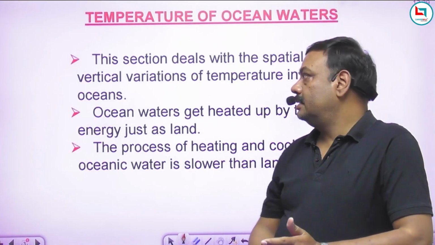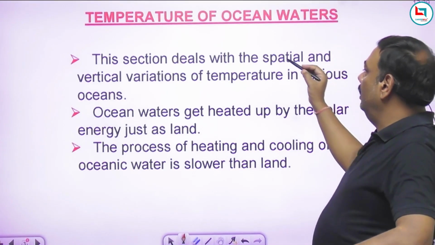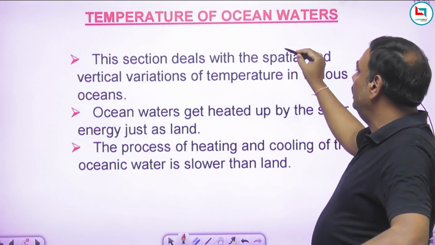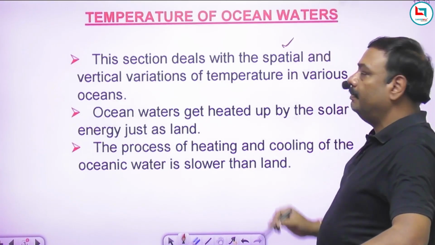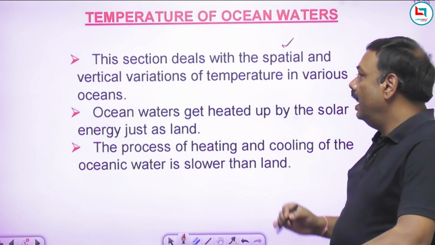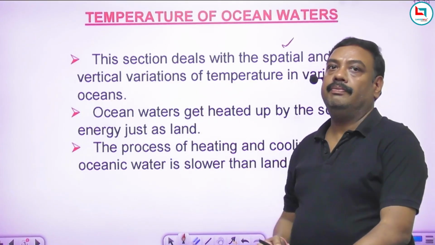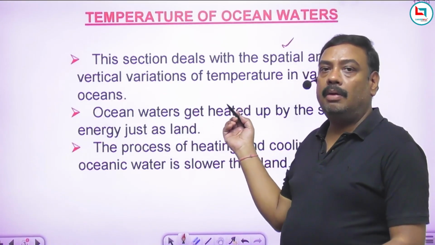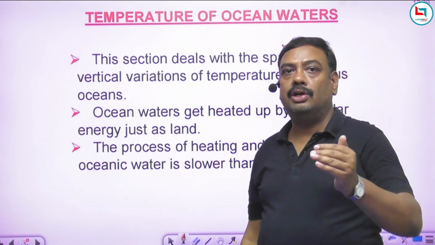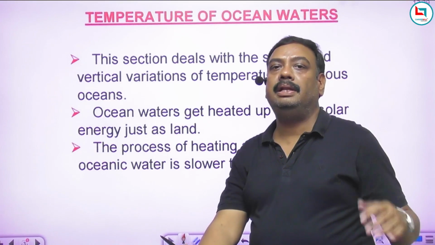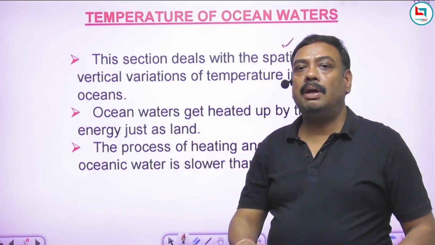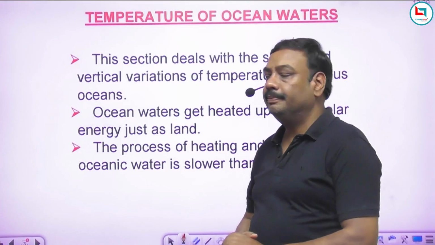We have to discuss the temperature of the ocean water in a spatial manner, that means pertaining to space, and also vertical variation. Spatial variation means the horizontal distribution, and vertical variation is from the sea surface up to the bottom of the ocean water, right?